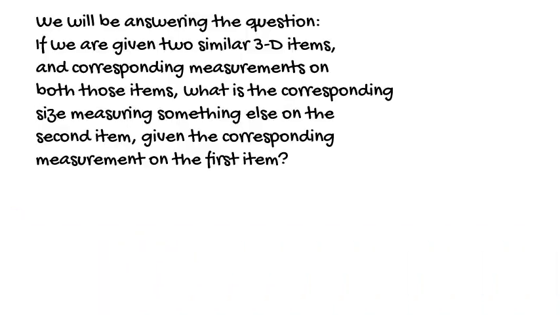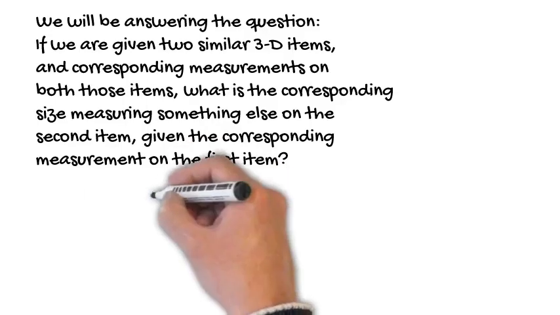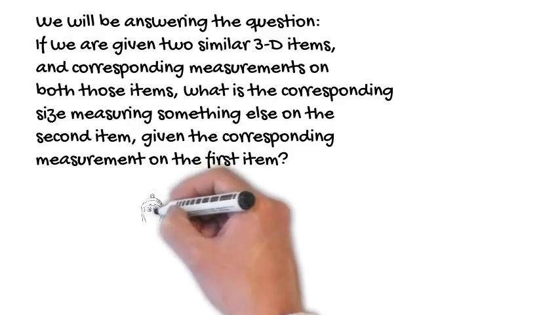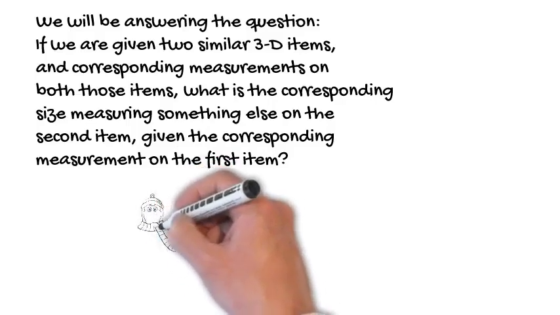Before we actually start a problem, I want to make sure you understand what we're going to be doing. We're going to take 2 objects of different size, but that are similar, so that they're proportional, and they should be 3D objects that we are going to scale up or down. And we want to know if I know similar lengths on 2 of them, can I find the volume of the second one if I know the volume of the first one?